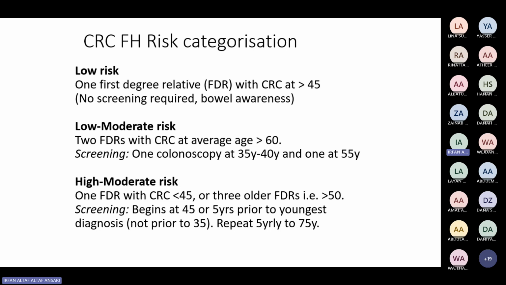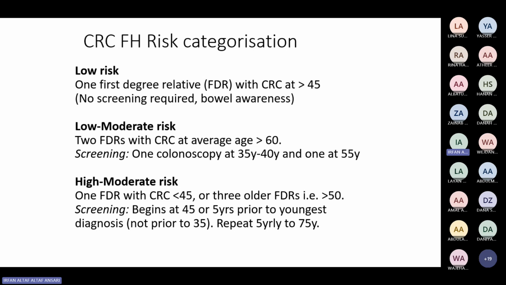Here, you don't need screening. You only ask your patient for bowel awareness, anything he noticed about abnormal bowel movement, like alternating diarrhea, constipation, or some bleeding per rectum. Any bowel abnormality, he should report immediately.